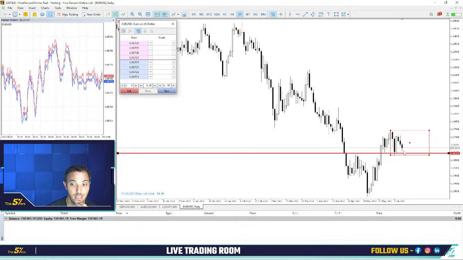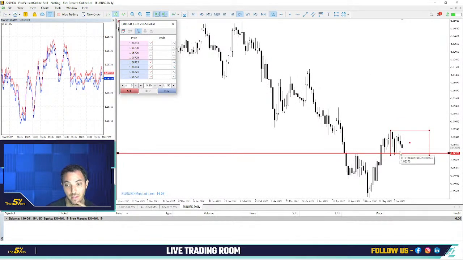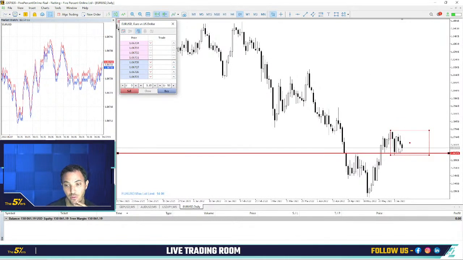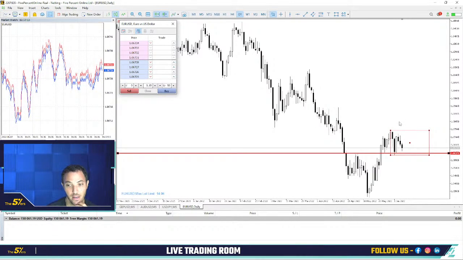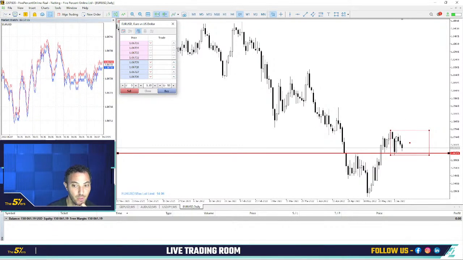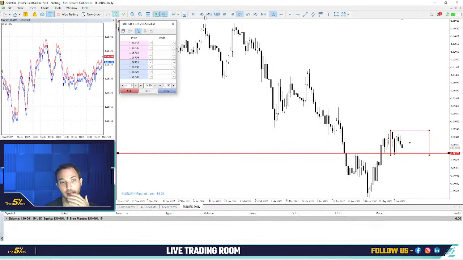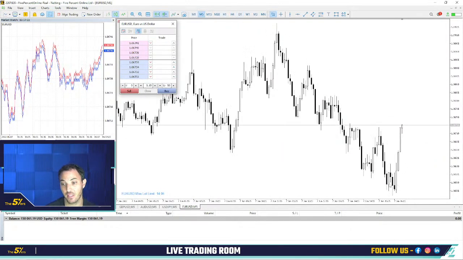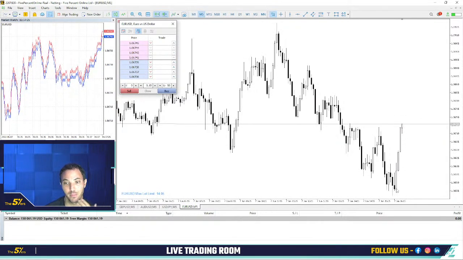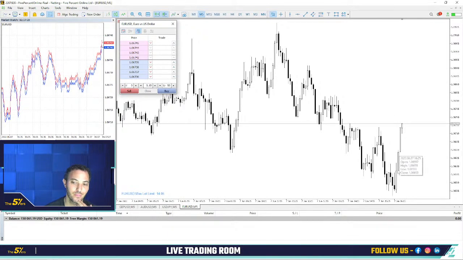I was expecting a test of the lows of the box. We failed to turn higher a few days ago, so I was expecting a test of the lows, and that's what I was trying to catch. This is new information. I didn't know about these last movements when I took the shorts.